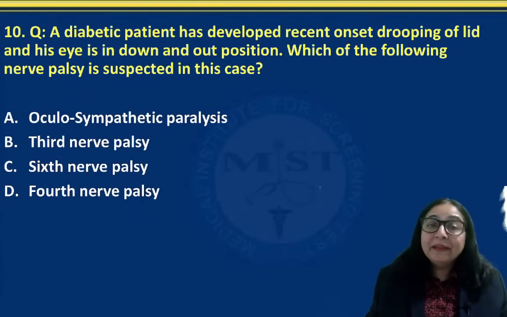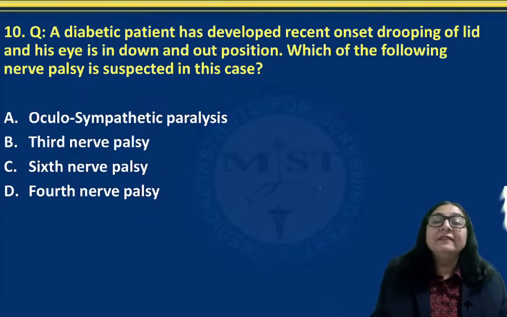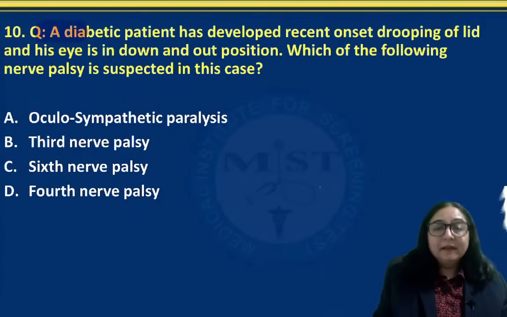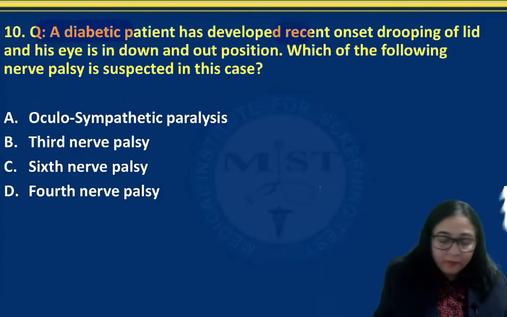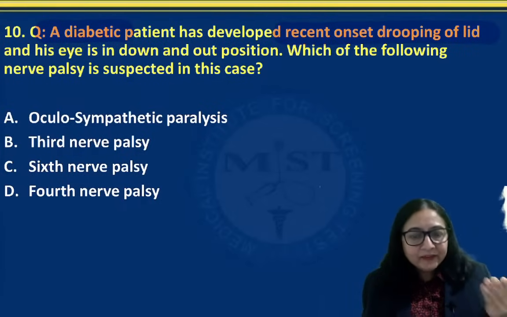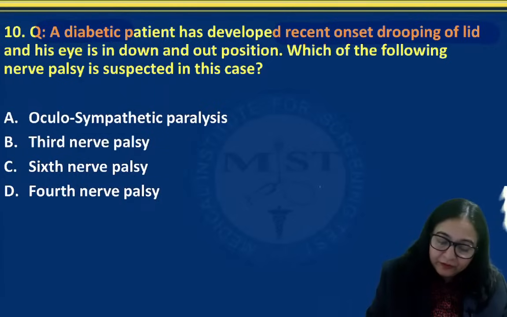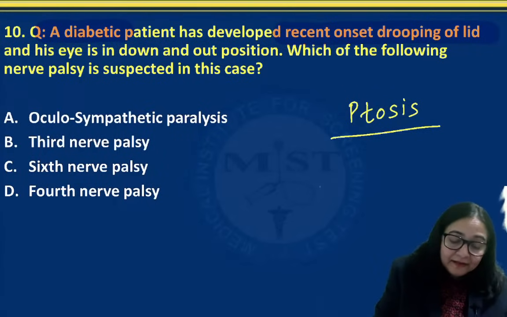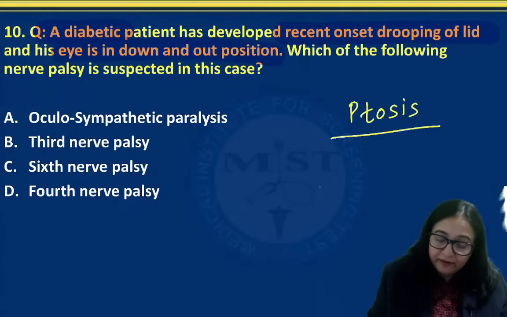A diabetic patient has developed recent onset drooping of the lid. Again, diabetic patient, recent onset drooping of the lid. Okay, what is drooping of the lid, bache? Ptosis. So the patient has developed ptosis. Fine. The eye is in down and out position.